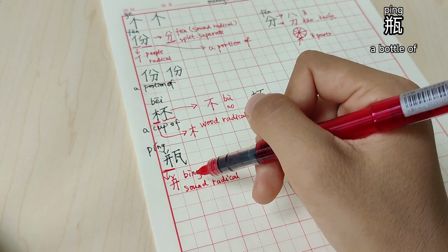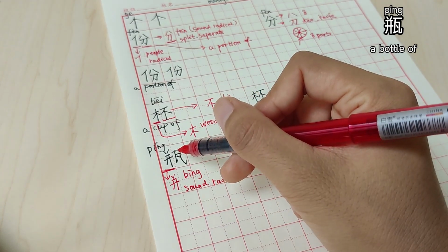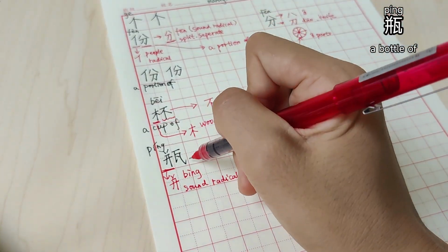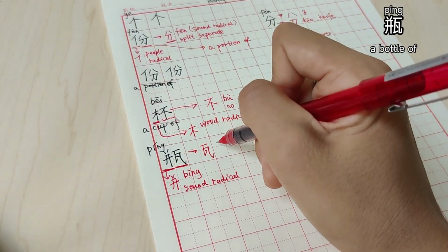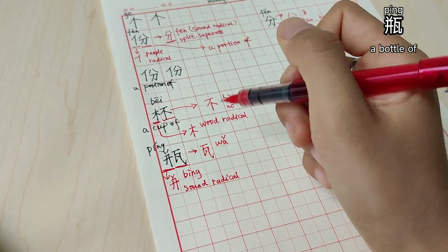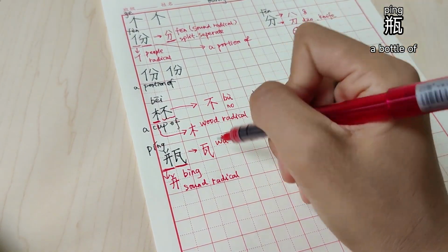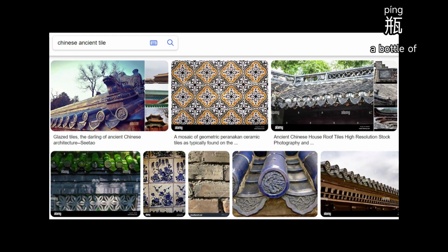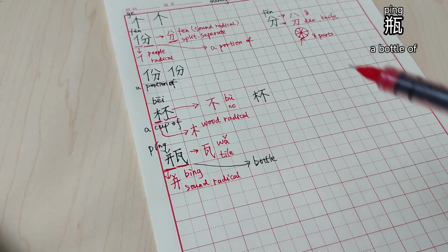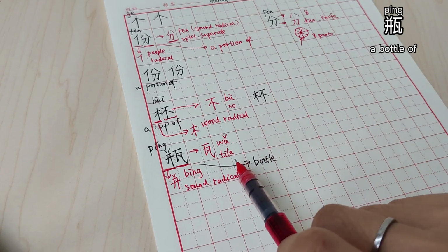It gives part of the sound to the 瓶. And as for the right part of it, this is 瓦. And the 瓦 means tiles, like these in the picture. But the 瓶 means bottle.